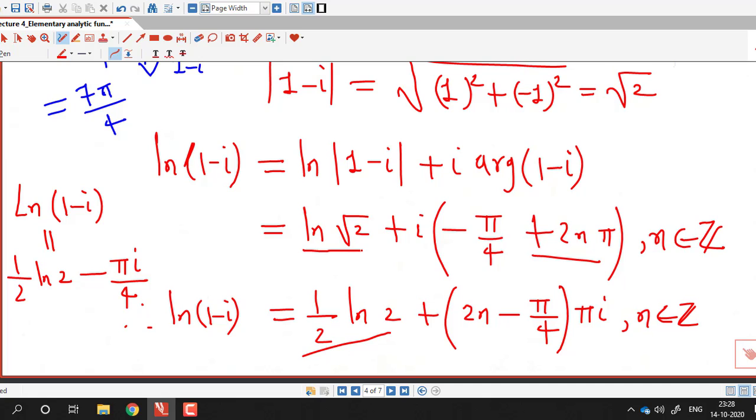So log root 2 plus I into minus pi by 4, that is minus pi I by 4.